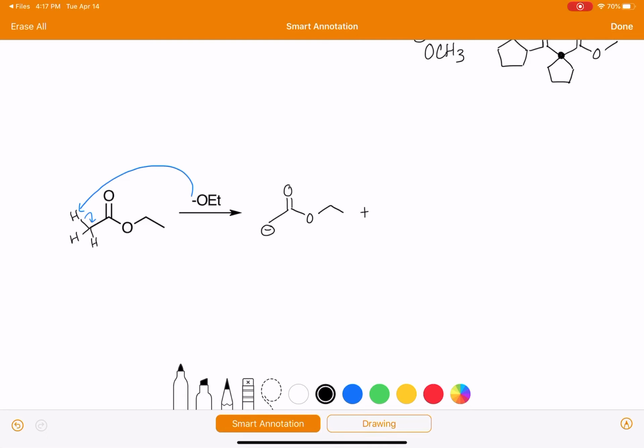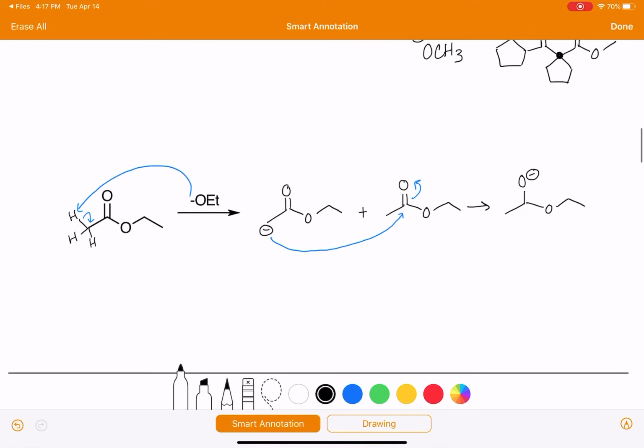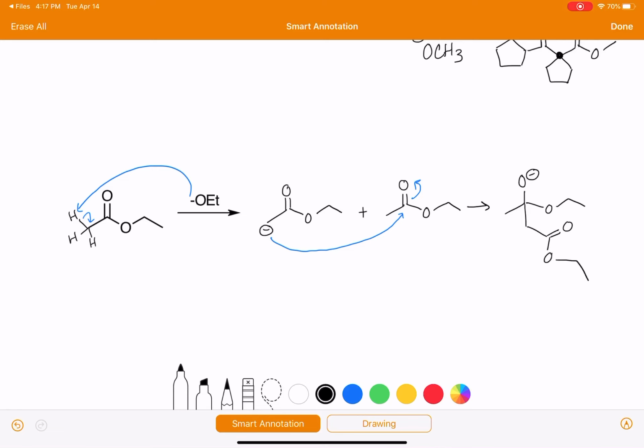And then we will use that enolate to attack ester number 2 right there at its carbonyl carbon. And then let's draw what we've got. We've got that carbon-oxygen bond opened up, O minus. We formed a bond to the last carbon of the chain. So this is the molecule that we've made.